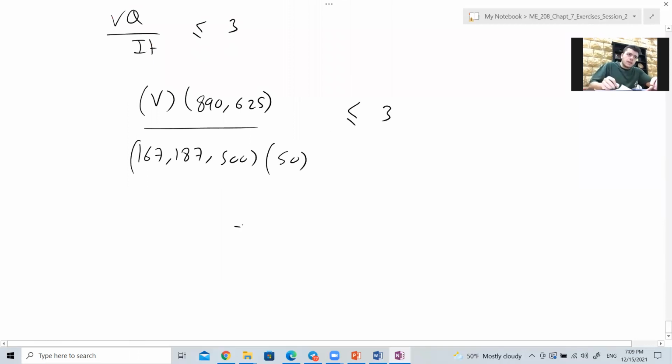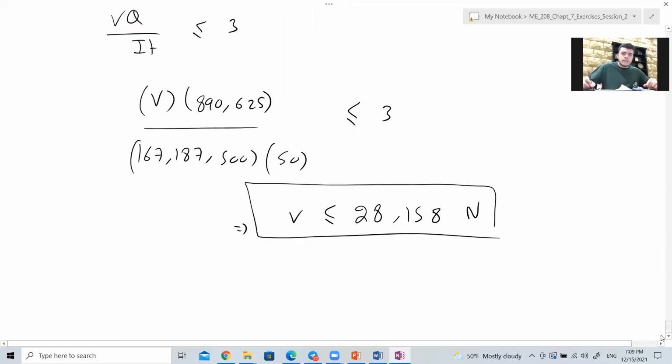Less than or equal to 3, so V is less than or equal to 3 times 167,187,500 times 50 over 890,625, which gives V as 28,158 newtons. This is the first case.